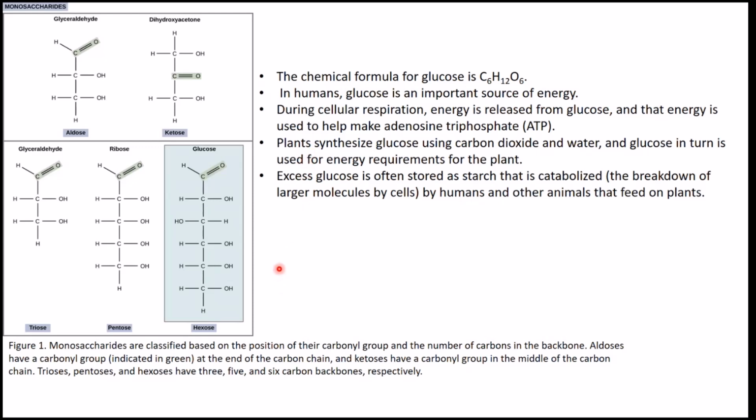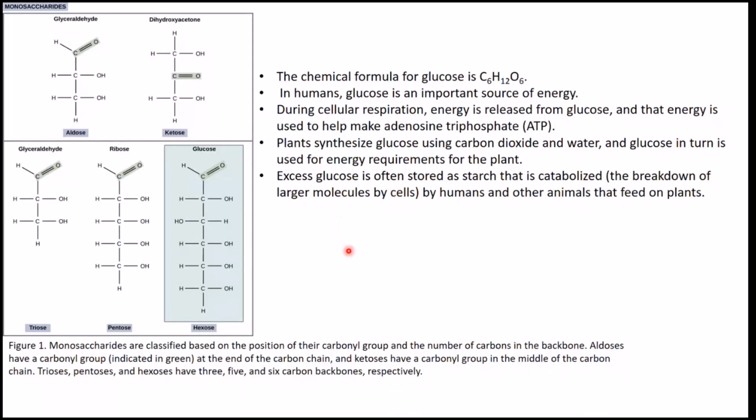During cellular respiration, energy is released from glucose, which is the energy used to help make ATP. Plants synthesize glucose using carbon dioxide and water, and glucose in turn is used for the energy requirements of that plant.